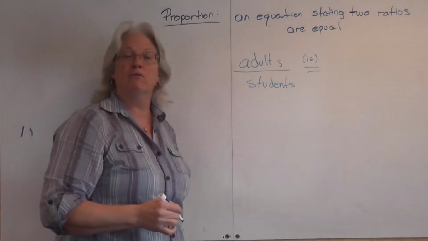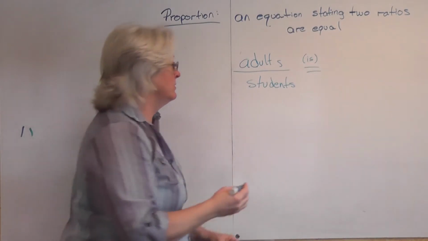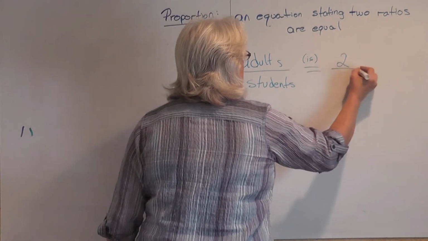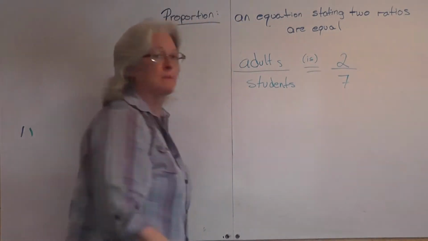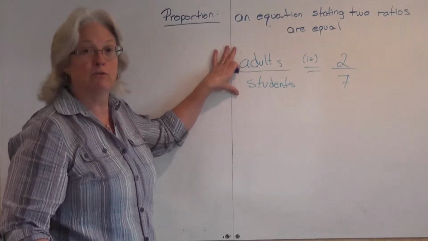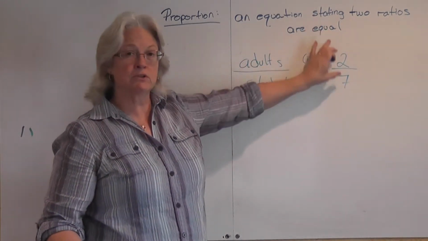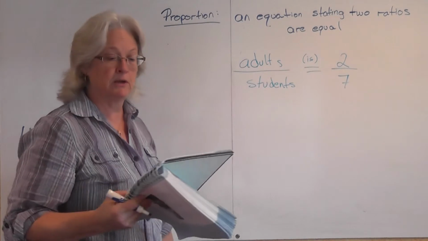The ratio of adults to students is 2 to 7. So what we've done here is we have set up a proportion. The relationship between the adults and students is 2 adults for every 7 students.